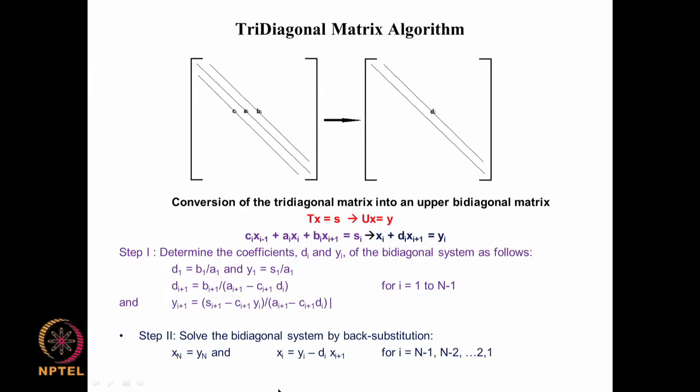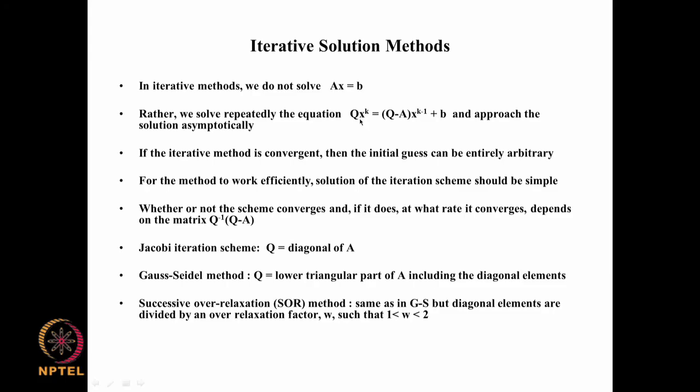Q is a matrix with as many elements as A, but only the diagonal elements are non-zero, and all the diagonal elements of Q are equal to the diagonal elements of A.